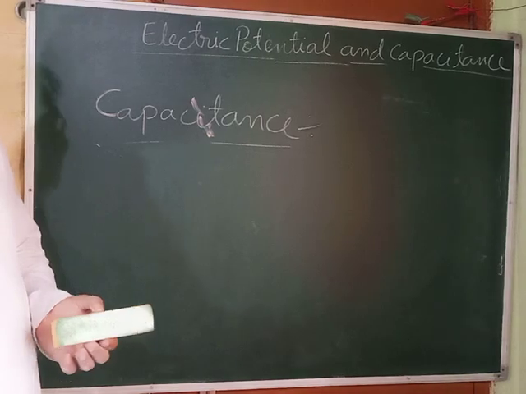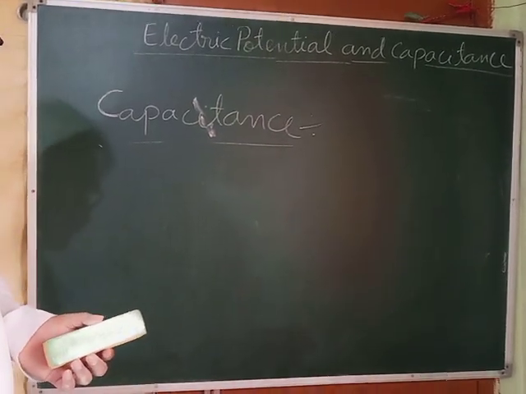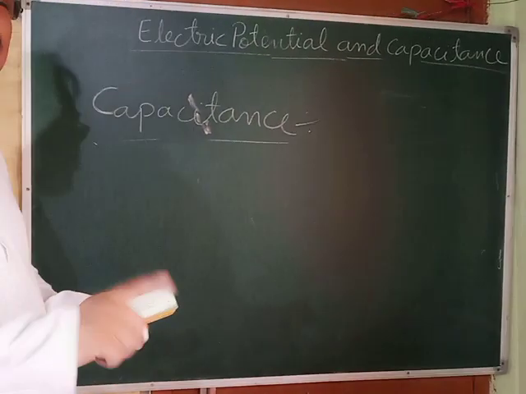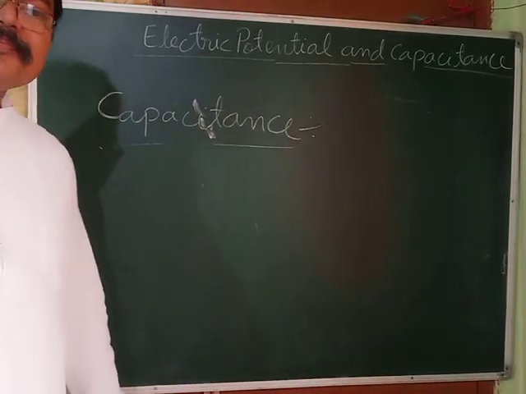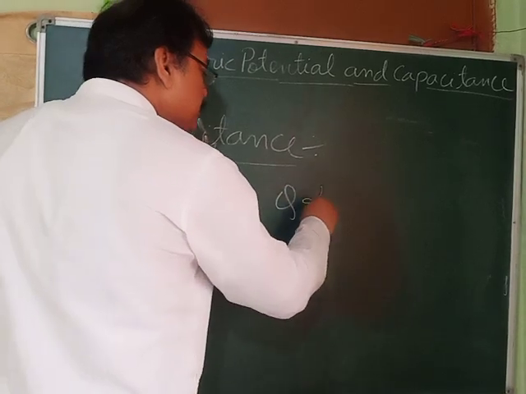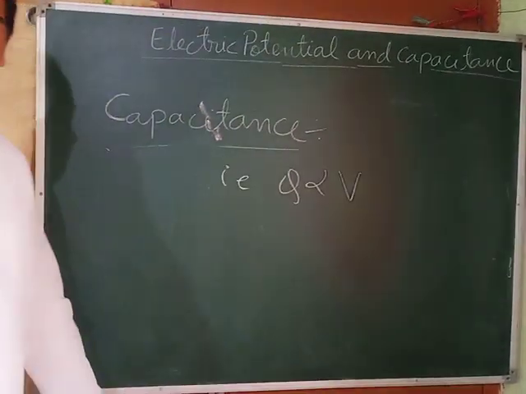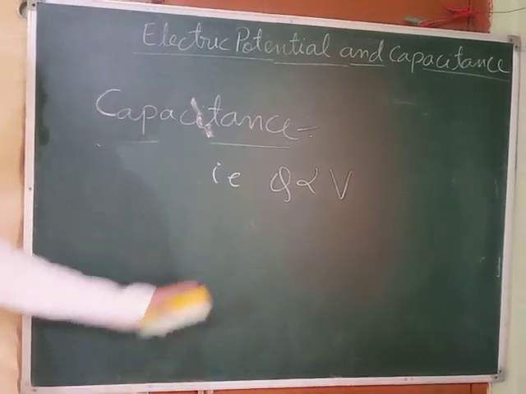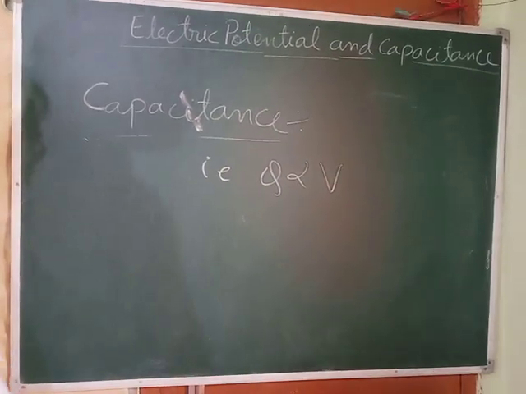Full stop. This indicates that charge is directly proportional to potential. That is, Q is proportional to V. Written? Okay.